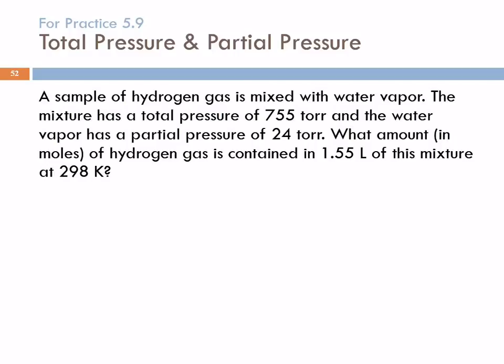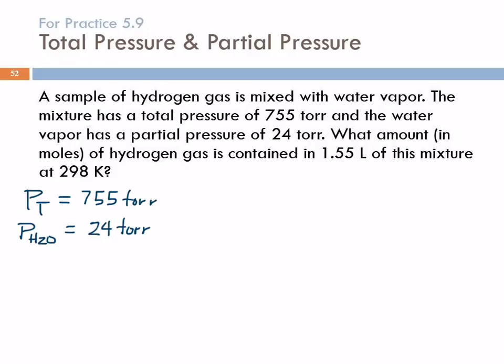Well, let's write the numbers down. So the total pressure, I'm going to call that P sub T for total. P total is 755 torr. And the water vapor has a partial pressure of 24 torr.